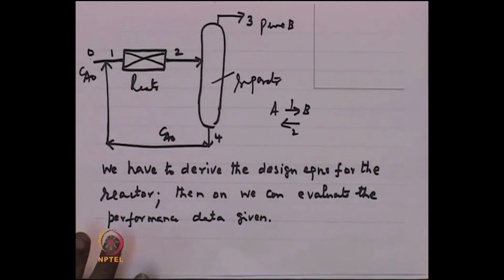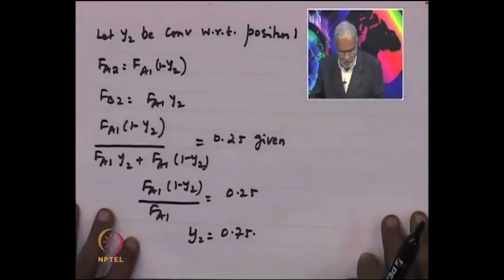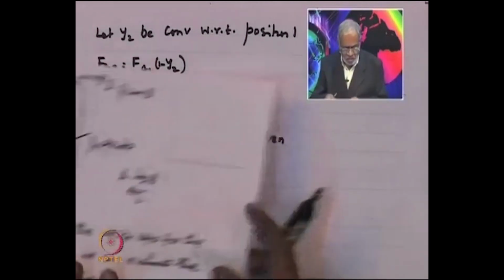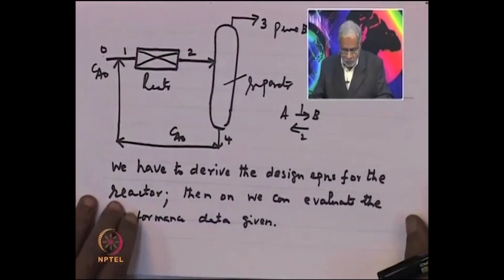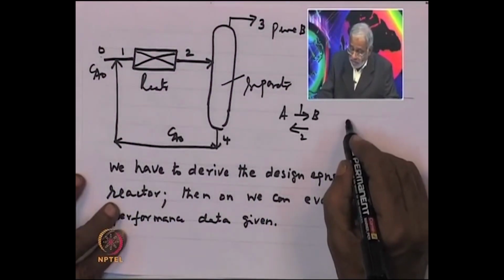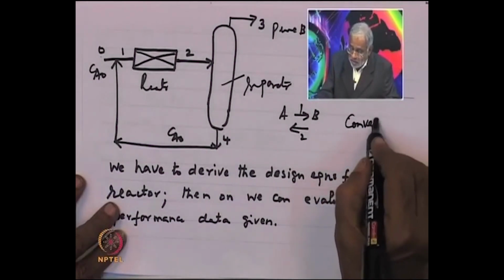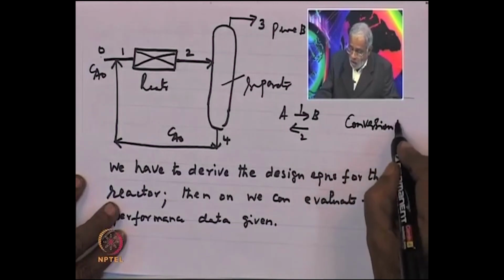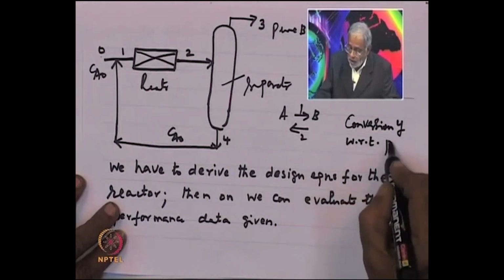It is something very elementary, nothing very complicated. Now, we can write material balances at various points. This is not difficult to do. Please notice here, this is position 0, position 1, position 2. Now, we are defining conversion with respect to position 1.